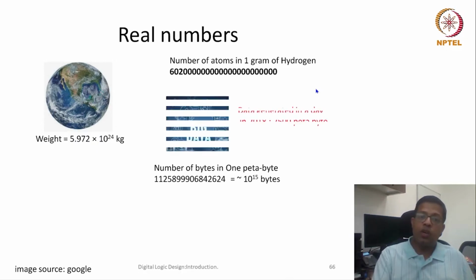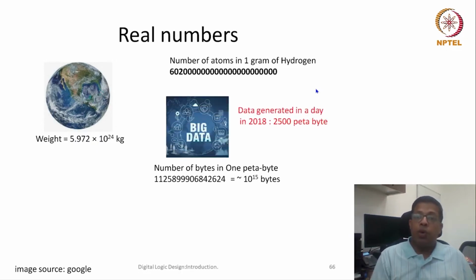The amount of data generated in one day is 2.5 quintillion bytes, or 2500 petabytes. That was in 2018, so that means 2 years back. Now we are doing much more Facebook, much more YouTube.